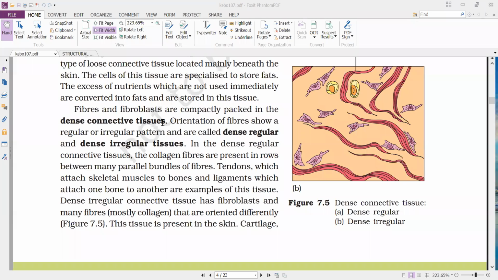In the dense regular connective tissue, the collagen fibers are present in rows, between many parallel bundles of fibers.